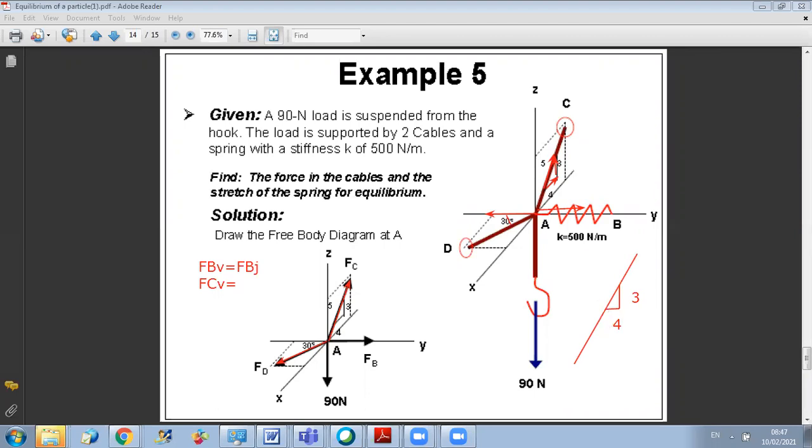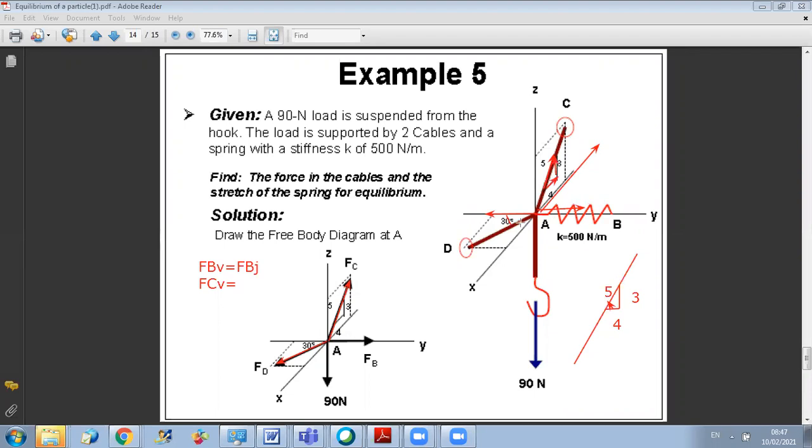So if you want to project on the x-axis, it's clear that, look, your x projection is negative because it is in the backward direction, okay? So my projection on x is negative, and to project on x, I do cosine of this angle. Cosine of this angle is what? Is 4 over 5, okay?